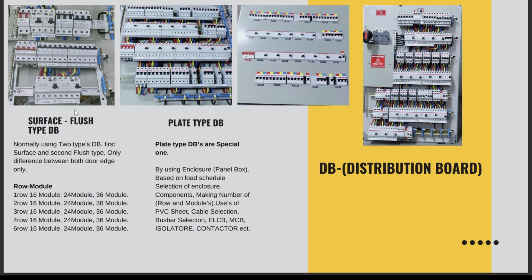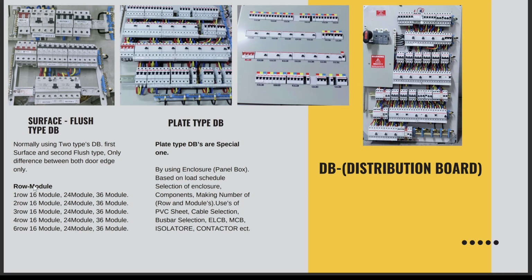The back box of both DBs is the same, only the door is different. The surface type DB is mounted above the wall, and the flush type DB is inserted inside the wall, and only the door is visible. The back box will be inserted inside the wall.